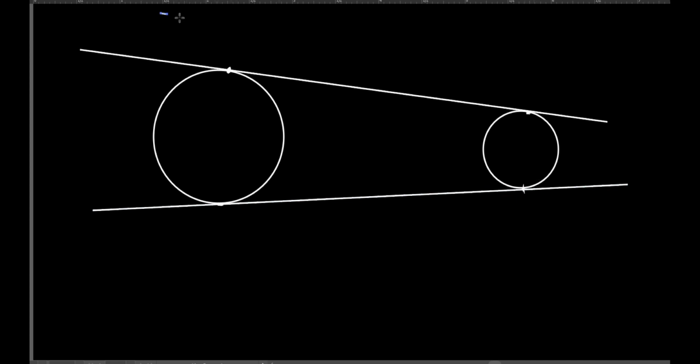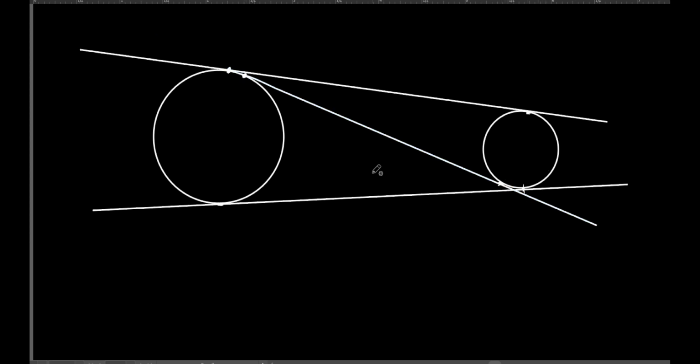Now I could go like this, couldn't I? So I could go to there. Again, I'd have to adjust this a little bit. It doesn't necessarily have to be the same point of tangency, though, does it? Similar, yeah, but it's not always. It just depends on how far away your circles are. The point of tangency on that one is there, and that one is about right there.